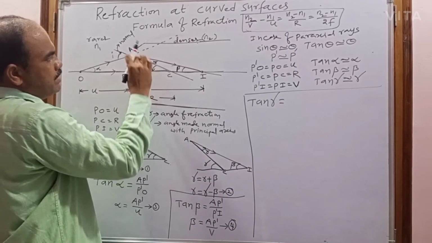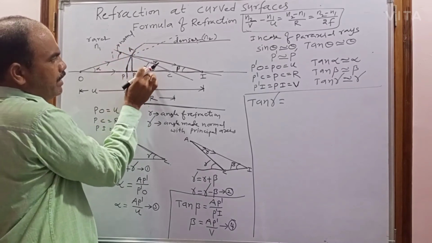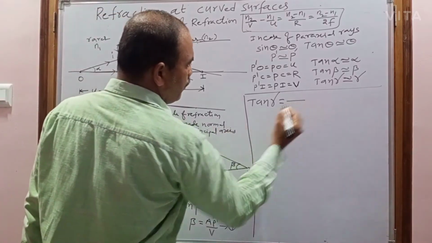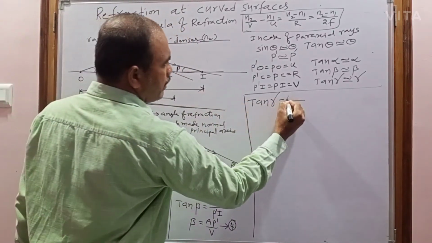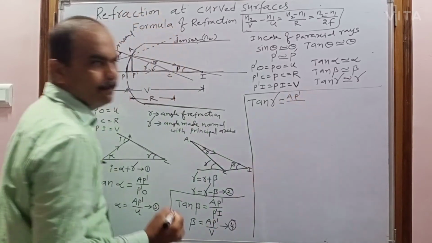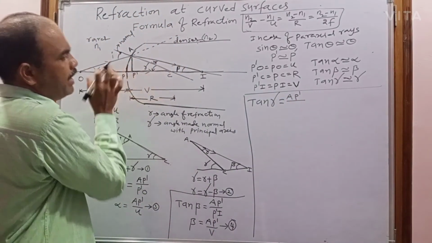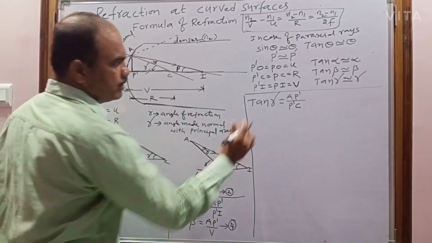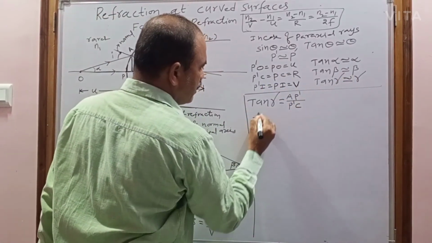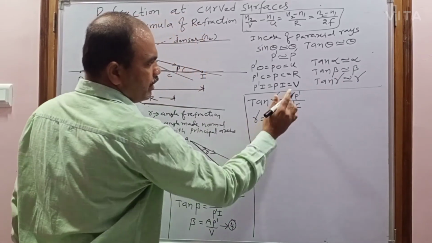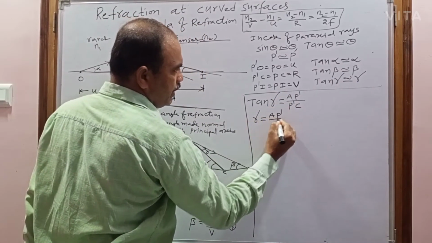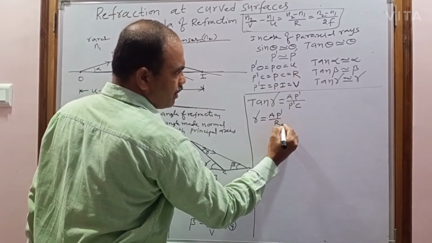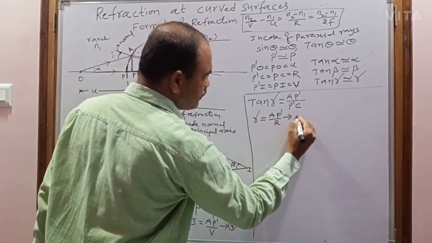For this gamma, the opposite side is AP dash and the adjacent side is P dash C. So tan gamma is opposite side AP dash by adjacent side P dash C. So tan gamma can be taken as gamma equal to AP dash by P dash C. P dash C is nothing but PC, and PC is nothing but R. Now consider this equation 5.